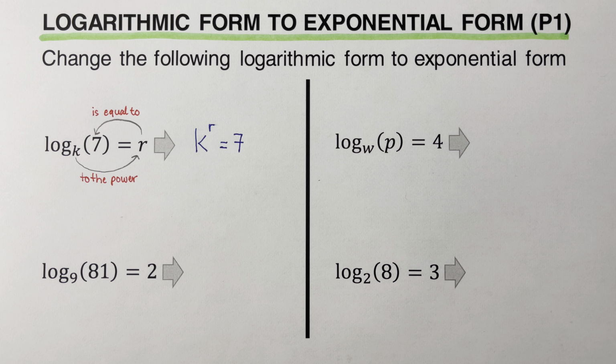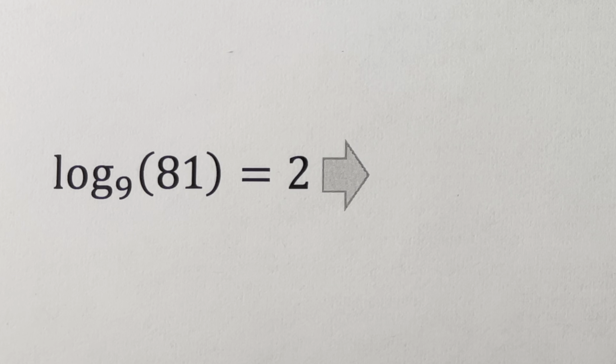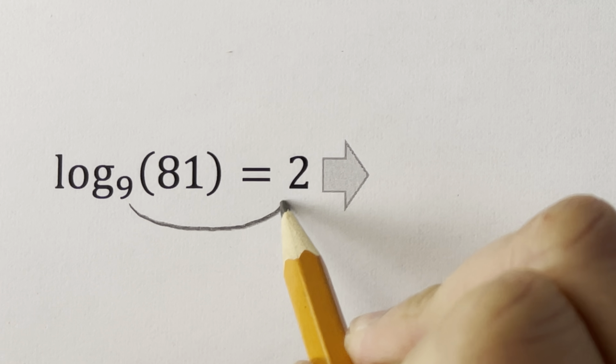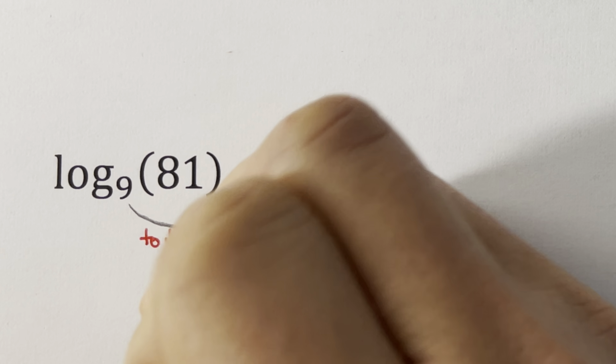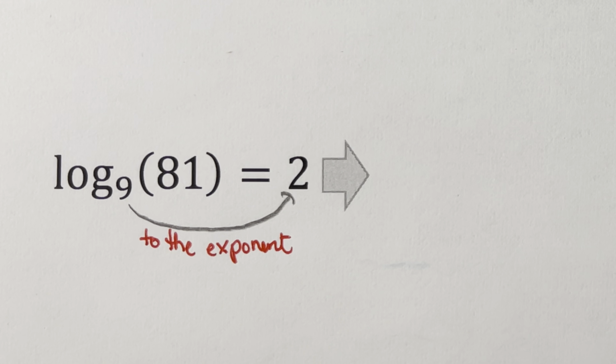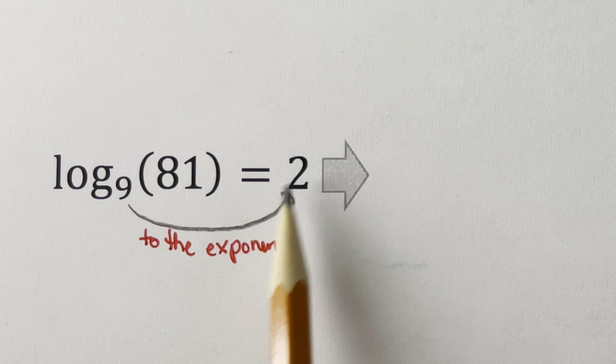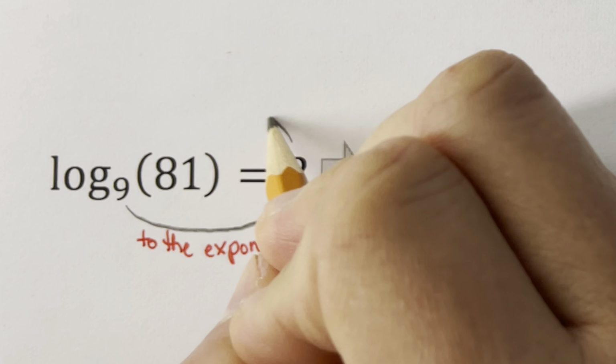Now let's take this next one right here. So going through the pattern that we just did on the first example, again, we are going to say 9 to the power. Okay, so I used the word exponent. It doesn't matter. So we can go ahead and say 9 to the exponent 2 equals 81.